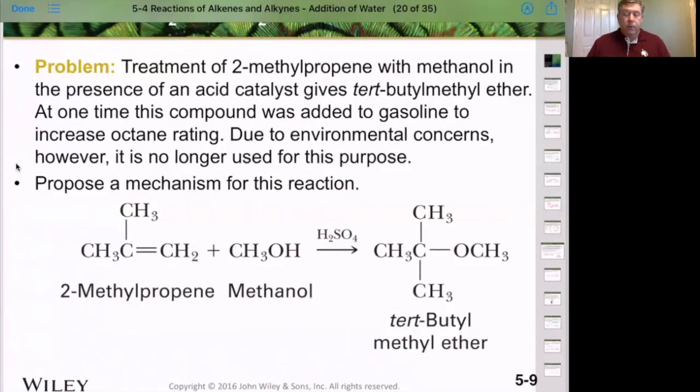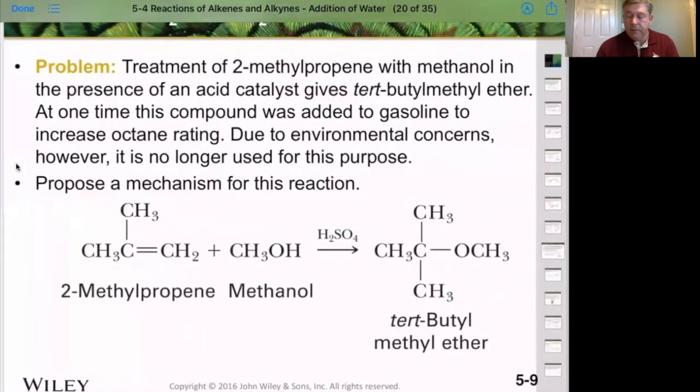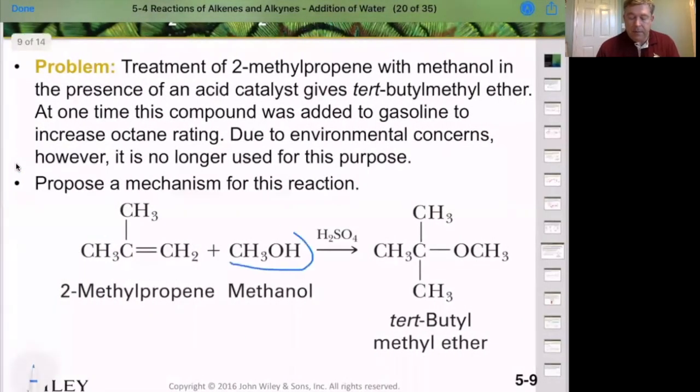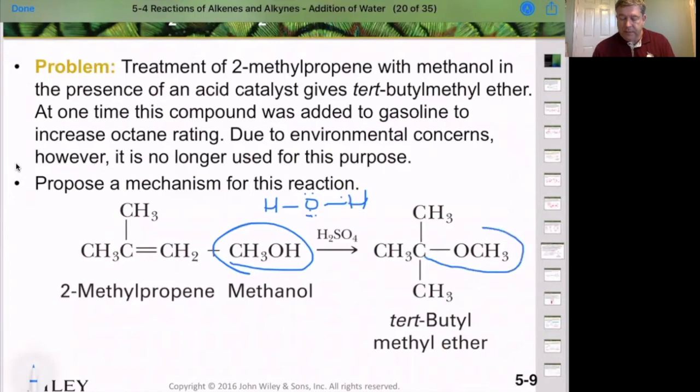So we're going to propose a mechanism for how we can take this compound here, the methanol, and say how it would be equivalent to water in an acid-catalyzed system to give us this ether bond instead of an OH bond here.